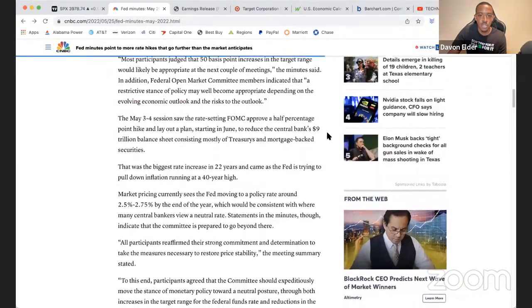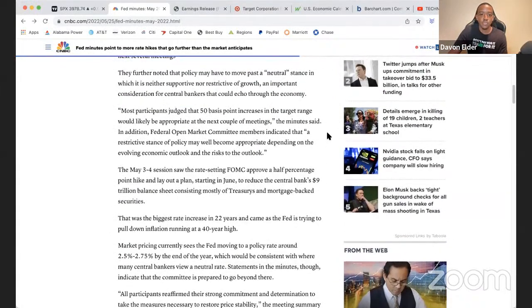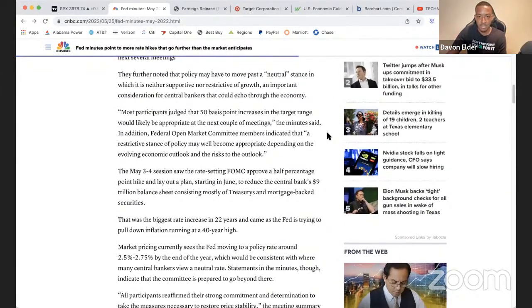The Federal Reserve is trying to reduce their balance sheet, which consists mostly of treasuries and mortgage-backed securities. The reason the Fed has to sell and get these assets off their balance sheet is because that's a tool the Federal Reserve has to be accommodative to the economy.